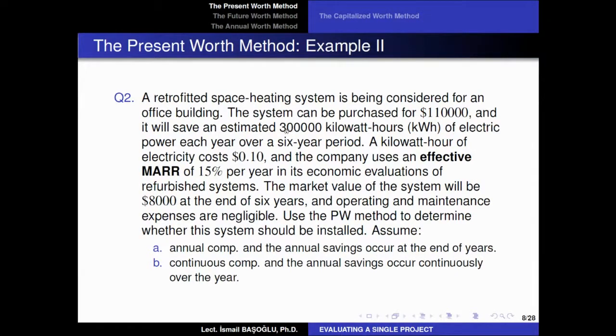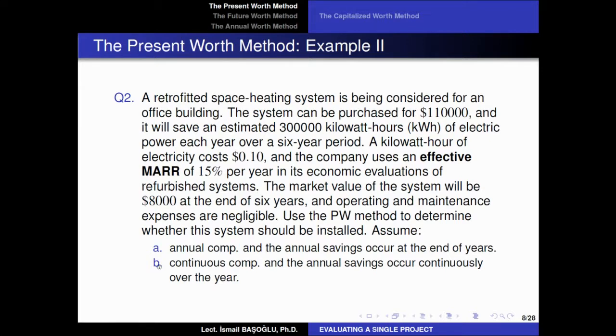So for example, if in a year 300,000 kilowatt hours of energy has been saved, and each kilowatt hour saves 10 cents to us, so at the end of the year, in part A, we assume that $30,000 of savings will occur. So by using this heating system, we are going to save $30,000 at the end of every year.